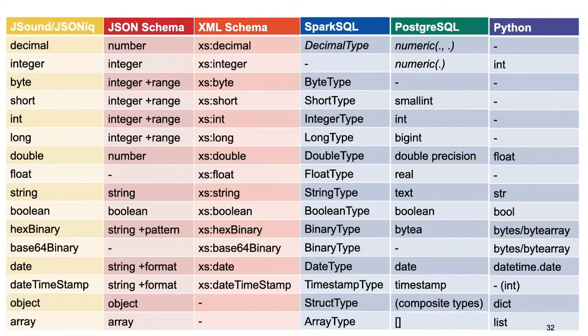I wanted to say a few words on decimal and integer, because if you look at Spark SQL and PostgreSQL, it's something that I mentioned earlier. You actually have limits. In Spark SQL, you cannot be beyond 38 of precision and 19 of scale. In PostgreSQL, I think it's limited too. I can't remember the exact limits, but I think it has limits as well.